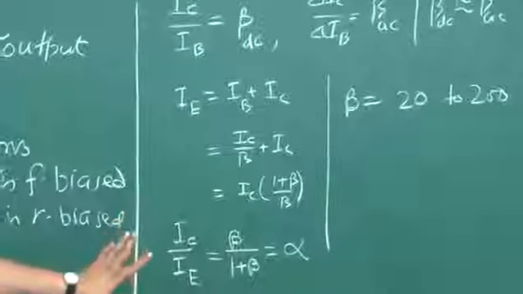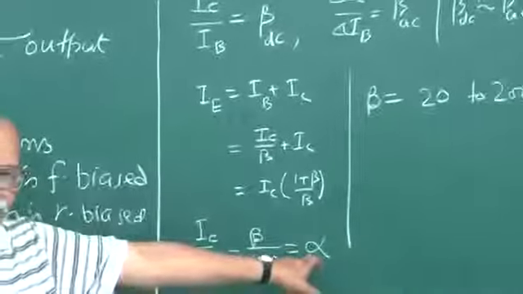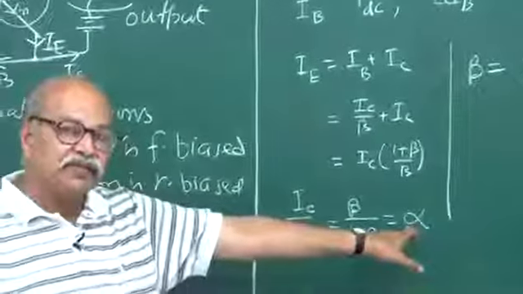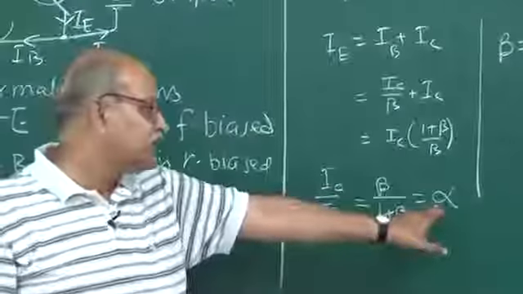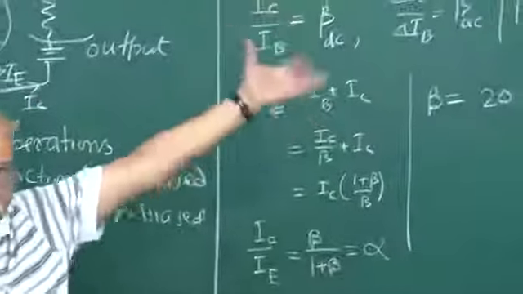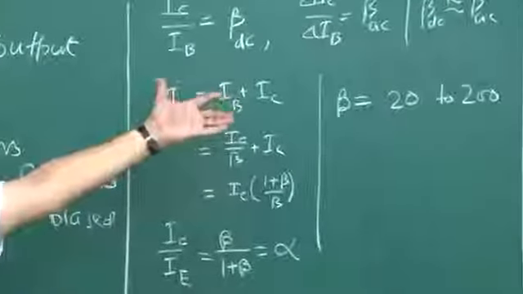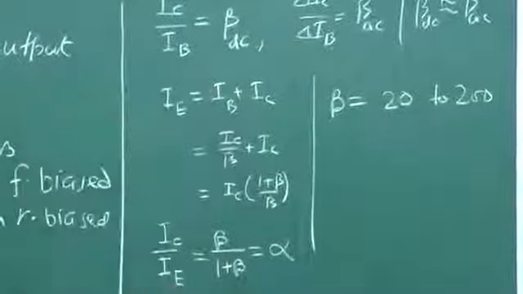So alpha will be a number close to 1, like 0.98, 0.99, 0.995 or 0.985, whereas beta will be a big number, 50, 70, 200, 100. So, that is alpha and beta.